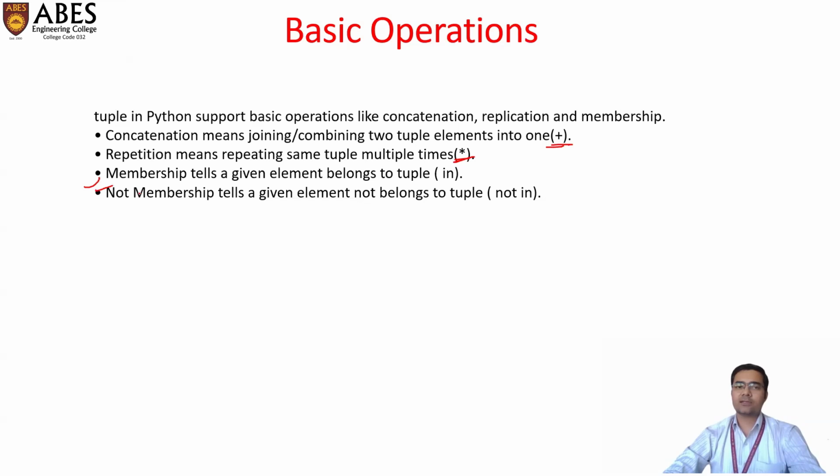Membership operator tells whether a given element belongs to a tuple or not with the help of the in operator. Not membership means it tells whether a given element does not belong to a tuple, with the help of the not in operator. These are the basic operations which are used on tuples.